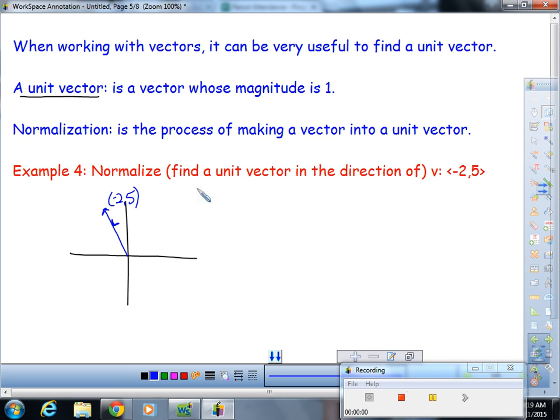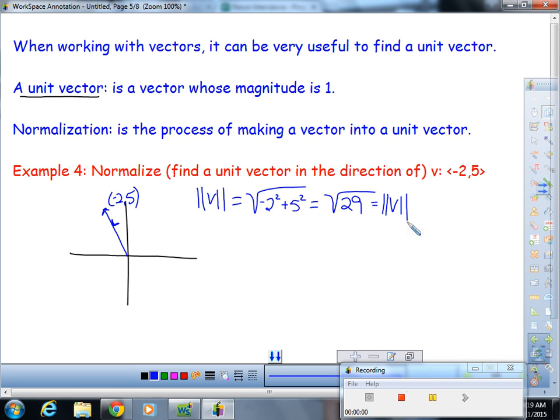To normalize v, we need to know the magnitude of v. To find the magnitude of v, we just get our Pythagorean. So it's the square root of negative 2 squared plus 5 squared. So radical 29 equals the magnitude of v.